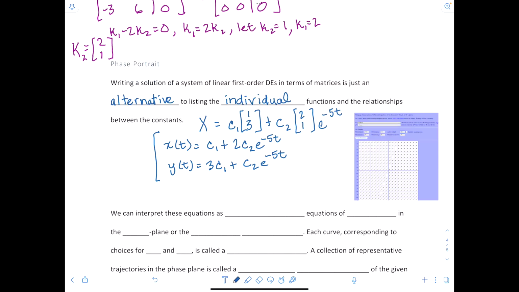All right, so we can interpret these equations as parametric equations of curves in the xy plane or the phase plane. Each curve corresponding to choices for C1 and C2 is called a trajectory.